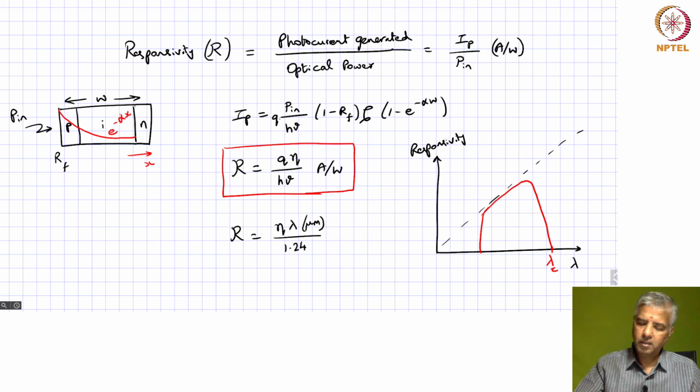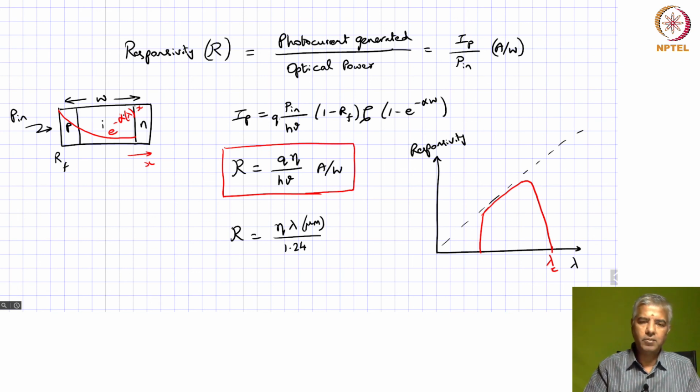So the way I should write this is alpha, which is a function of lambda, multiplied by x, okay. That denotes this variation over here.